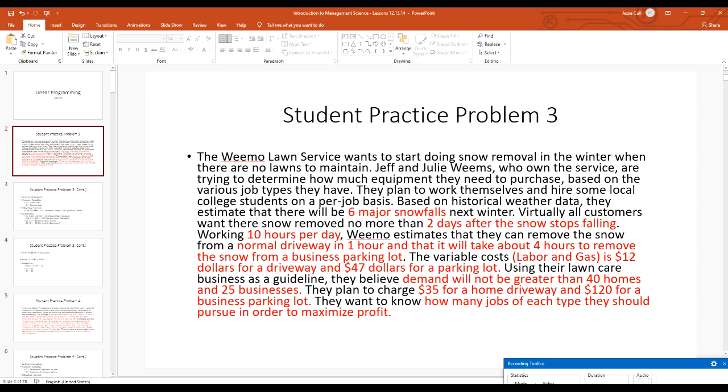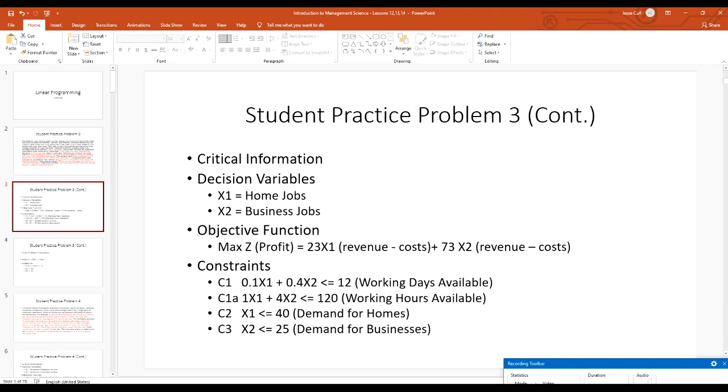We can do this 2 ways. If we do that in terms of days, 12 days, it becomes 0.1 of a day, 1 divided by 10, and 0.4 of a day, 4 divided by 10. And we have 12 days total. We can see that here. 0.1x1 plus 0.4x2 is less than or equal to 12.